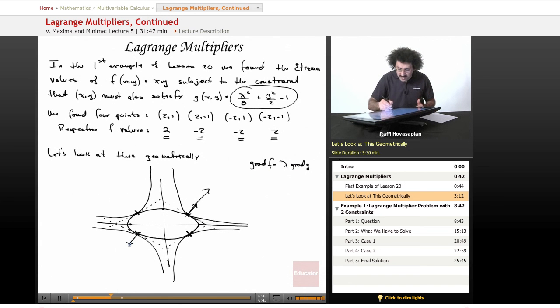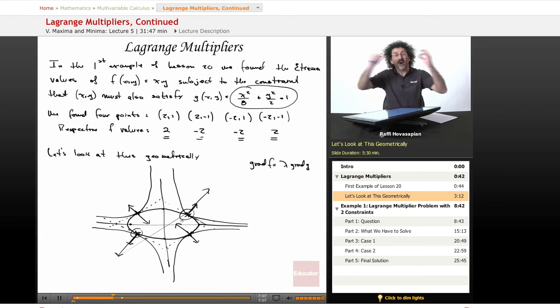The gradient vector here looks something like this. So this was a max and this was a max. Notice the gradient vectors are in the same direction. In the case of the mins, the gradient vectors are pointing in opposite directions, but it's still just a scalar multiple of the other. They're part of the same line, either this way or this way.